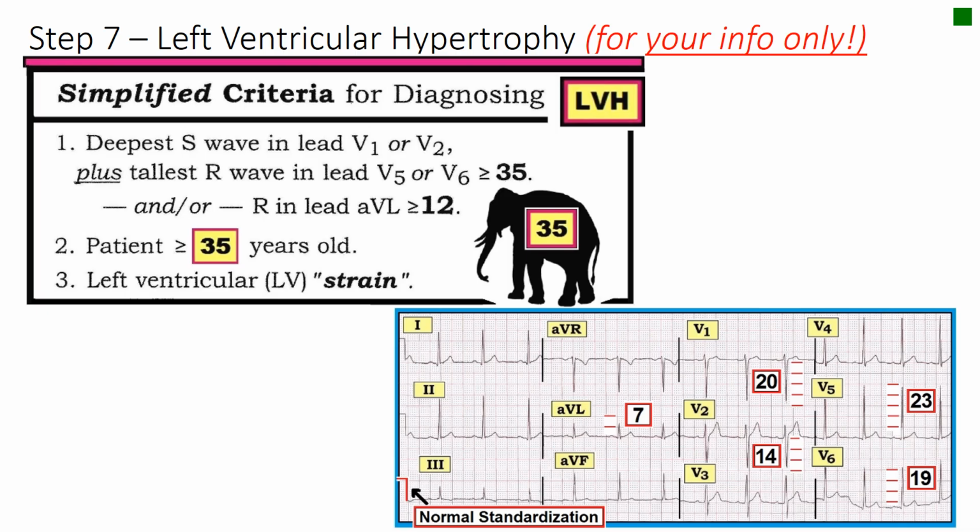That gives you a grand total of 43, which is over 35. And so that meets your criteria, assuming this patient's over 35. I don't see any left strain pattern. Often you get ST depression in V5 and V6, but I don't see that in this case.